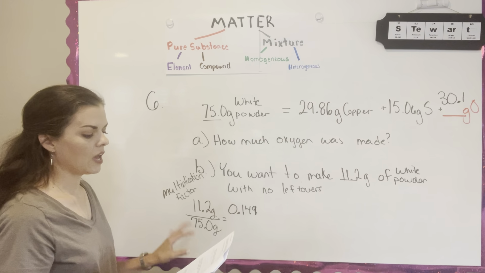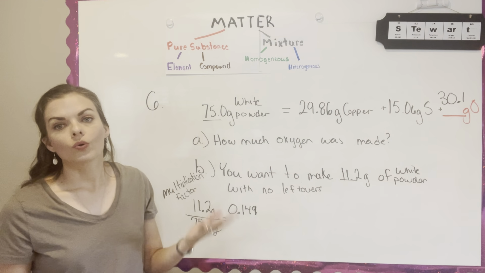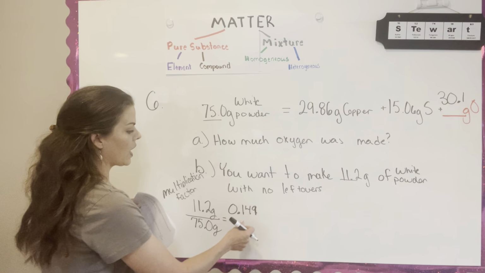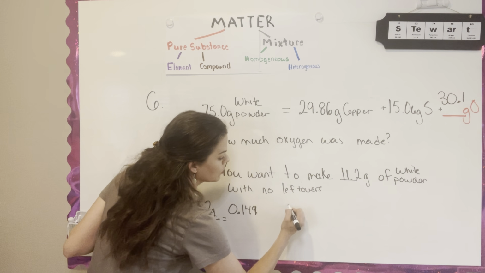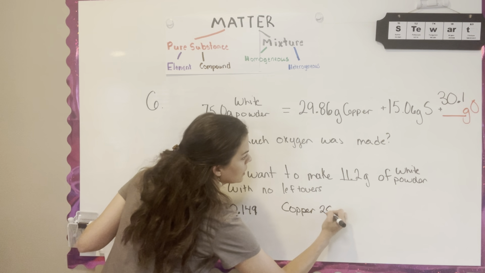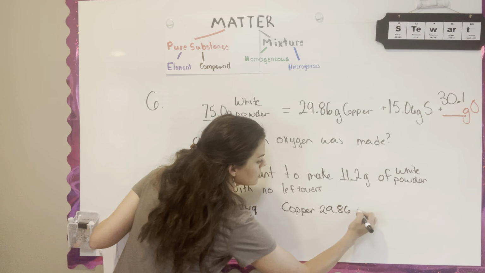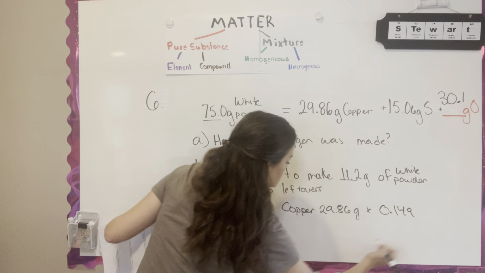Then it asks how much copper, sulfur, and oxygen would you have? And so I have 0.149 as my multiplication factor. So for copper, it's 29.86 grams times 0.149.